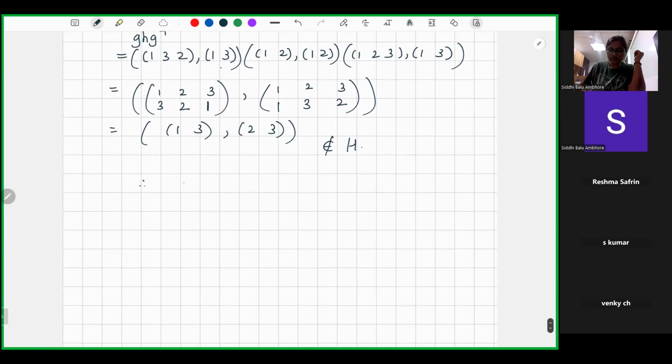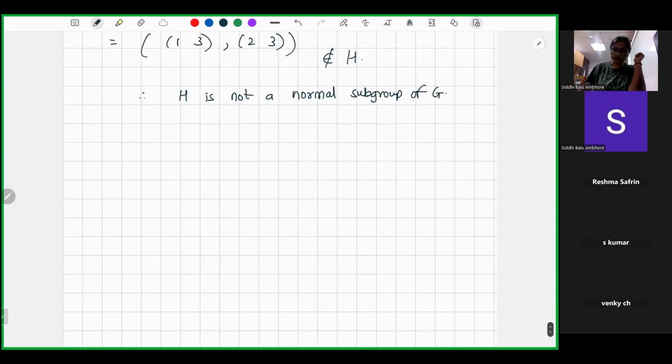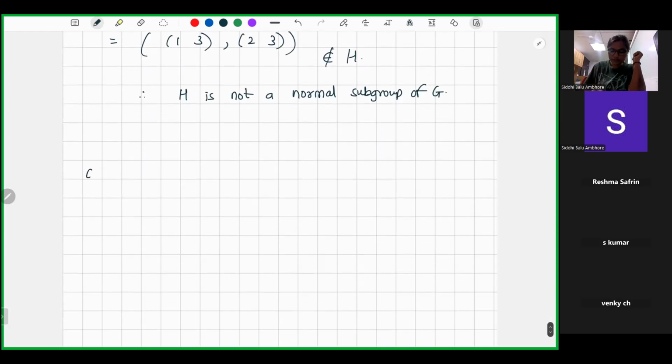So therefore, this H is not a normal subgroup. It is definitely a subgroup, but it is not a normal subgroup of G. Any doubts here? Okay, I assume there are no doubts. If there are any doubts, please let me know.